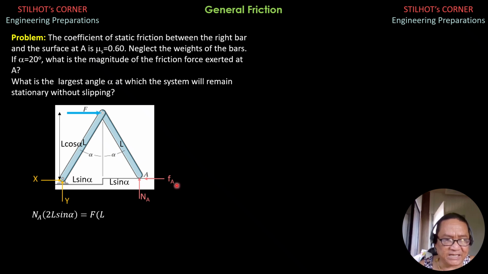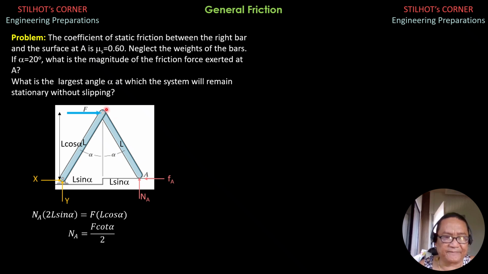Fa is not involved, its line of action passes through that pin there. So simplifying, after we cancel L, that means Na is F cosine alpha divided by 2 sine alpha, and cosine over sine is cotangent, so that is F cotangent alpha over 2.